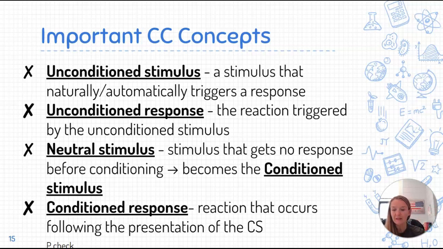Makes sense? And therefore, the response that the subject had to the now conditioned stimulus is the conditioned response. Typically, your conditioned response and your unconditioned response are the same or a very similar behavior.